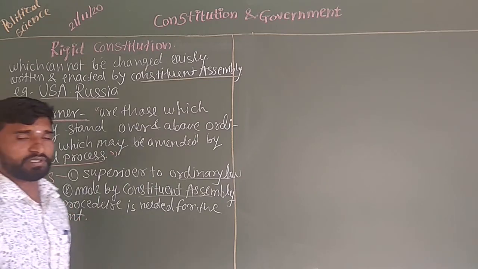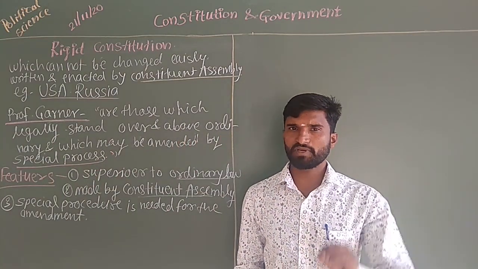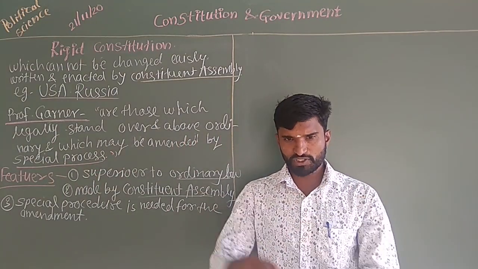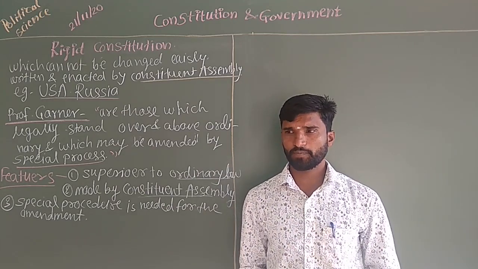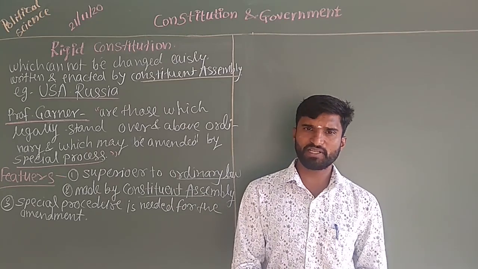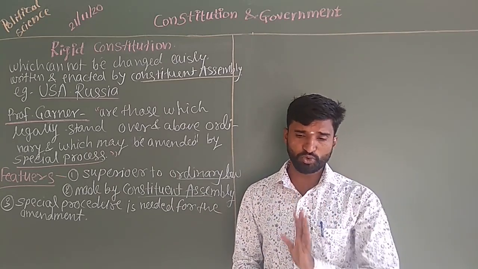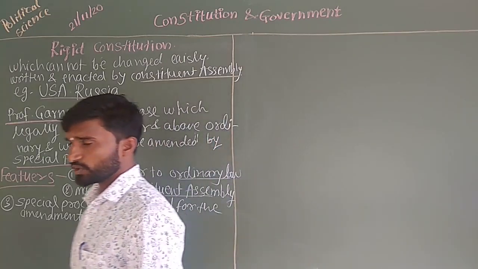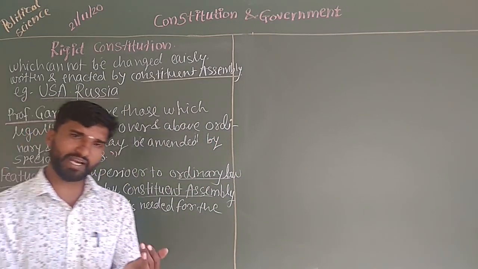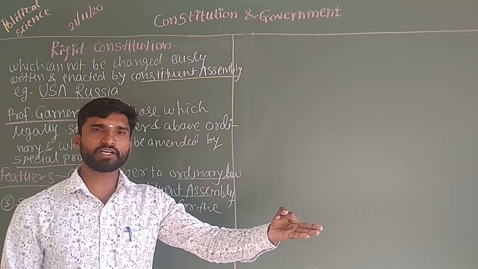So as I told, in Lok Sabha and Rajya Sabha, there are 5 steps through which a law moves. A bill introduced in the Lok Sabha or the Rajya Sabha goes through 5 steps. So it is a long procedure. 5 steps in the Lok Sabha, 5 steps in the Rajya Sabha, and then it goes to the President.